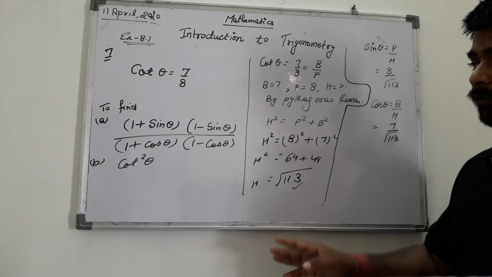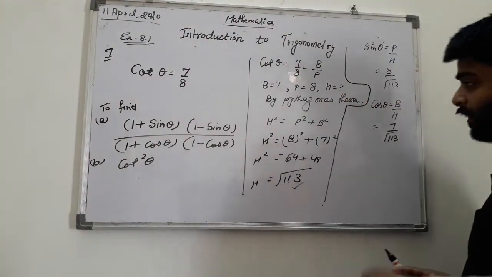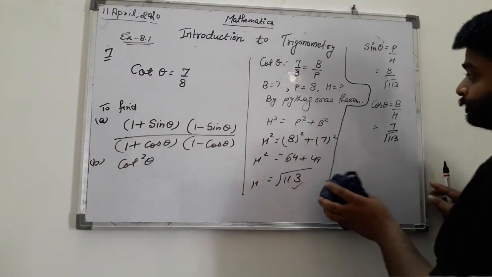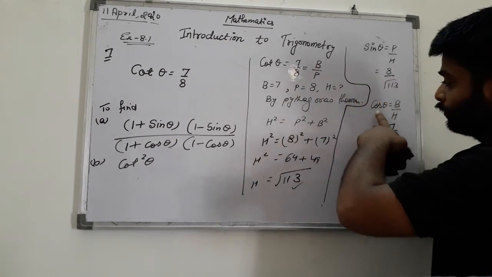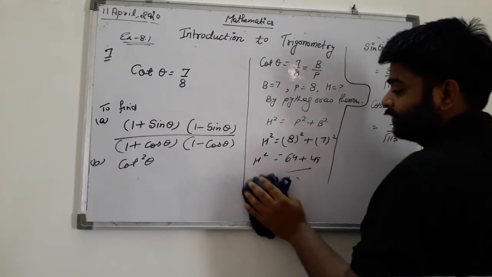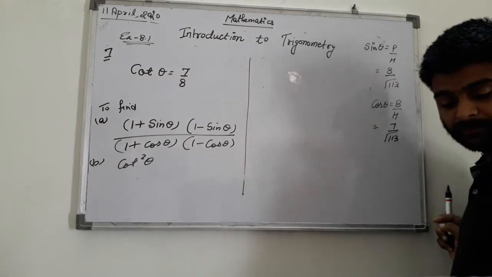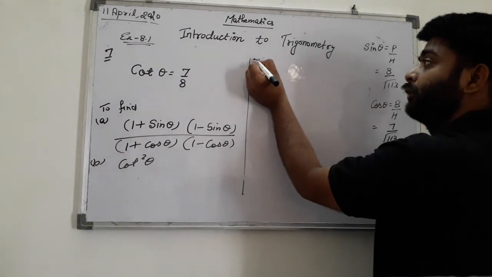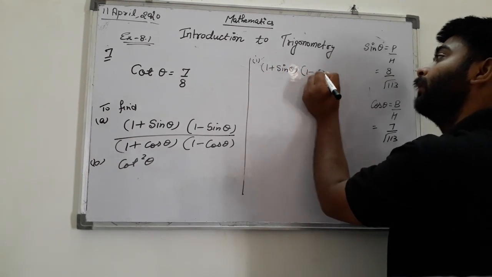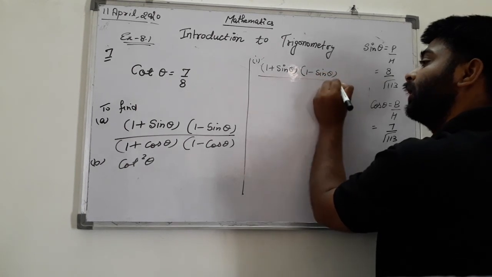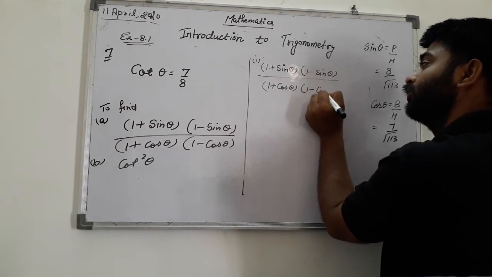It's a half part. Now I'll start with the A part, for which the question is demanding. Remember class, it's a sine value. Sin theta is 8 upon root 113 and cos theta is 7 upon root 113. I need to find 1 plus sin theta times 1 minus sin theta, upon 1 plus cos theta times 1 minus cos theta.